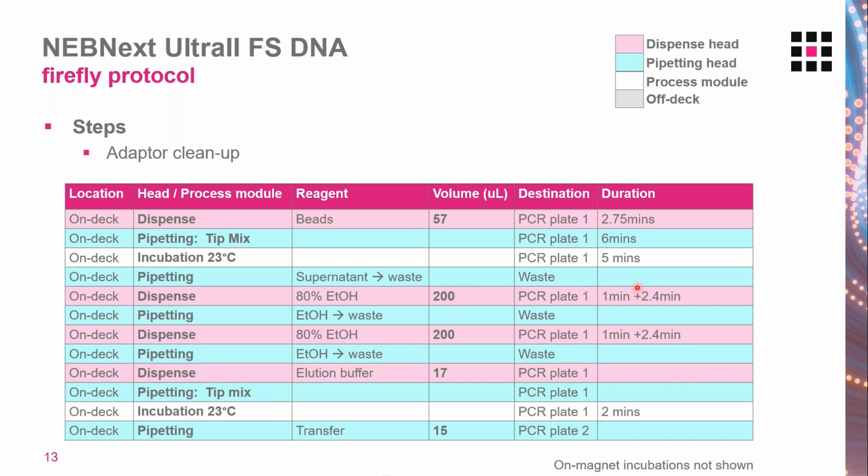We were able to achieve this by splitting the dispense into two. First we dispensed 20 microliters of ethanol to each well of the plate. This was done really quickly, it takes about a minute. Then we went back and topped up to achieve the final desired volume of 200 microliters per well. In this way, we were able to minimize the drying time of the beads.